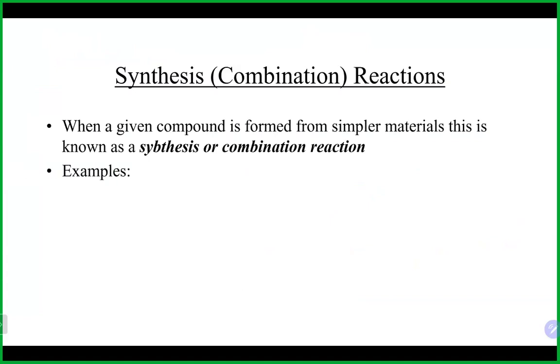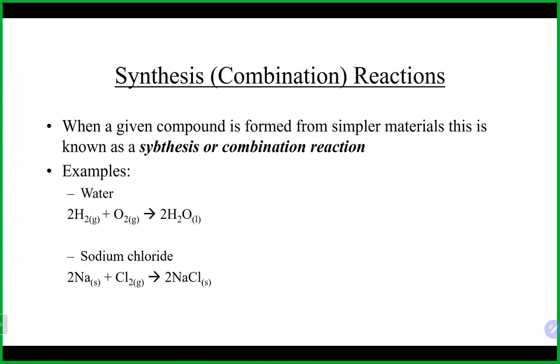Another type of reaction that we come across is a synthesis or combination reaction. This also is a redox reaction. How do you know you have a synthesis or combination? It is pretty simple. You have two things that make one thing, yeah? Hence the word combination, right?